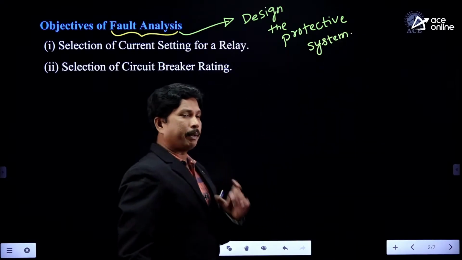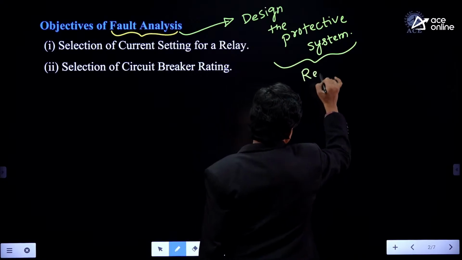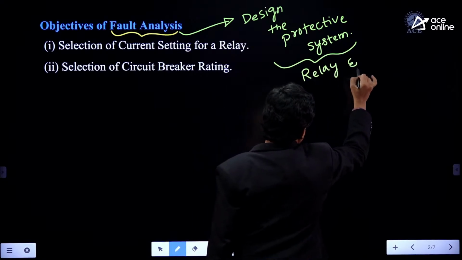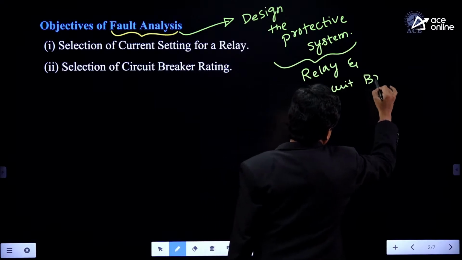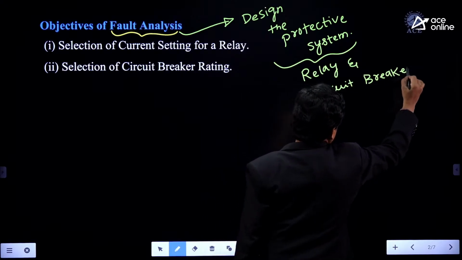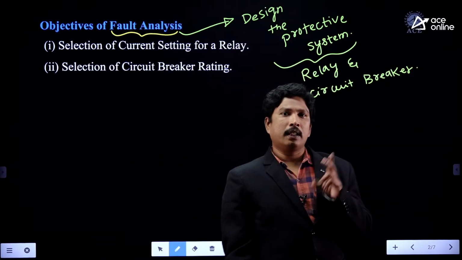The protective system design is nothing but designing of relay and designing of the circuit breaker. So both you have to design by studying the fault analysis of the system.